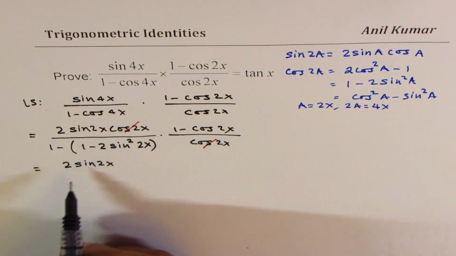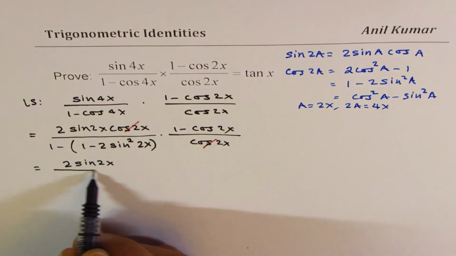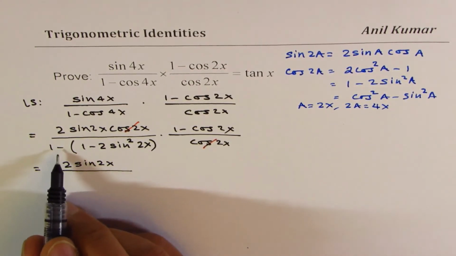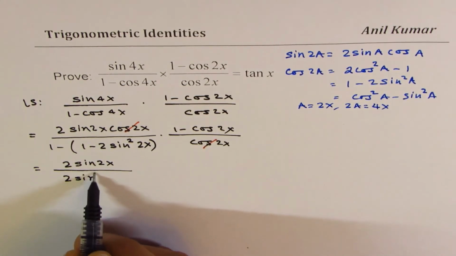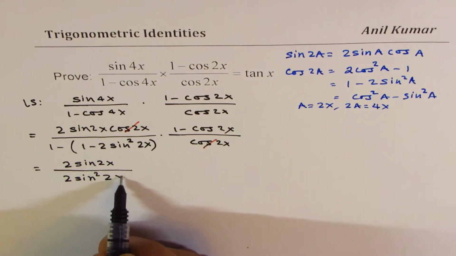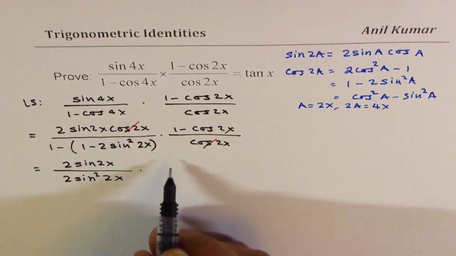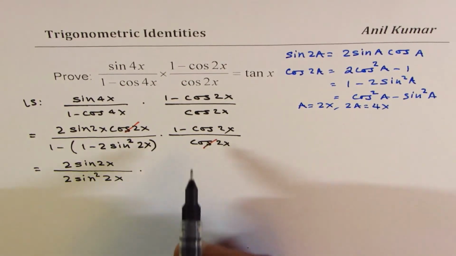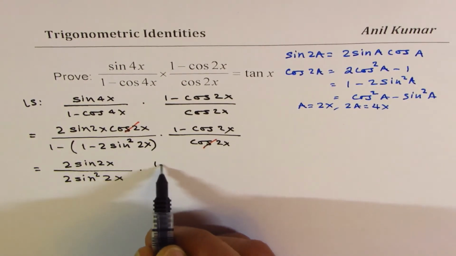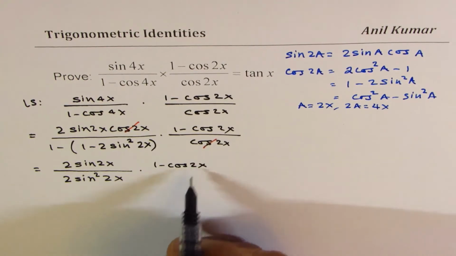And what we get here is 2 times sine 2x over 1 minus 1, which is 0, and we get 2 sine square 2x. And here we have 1 minus cos 2x.